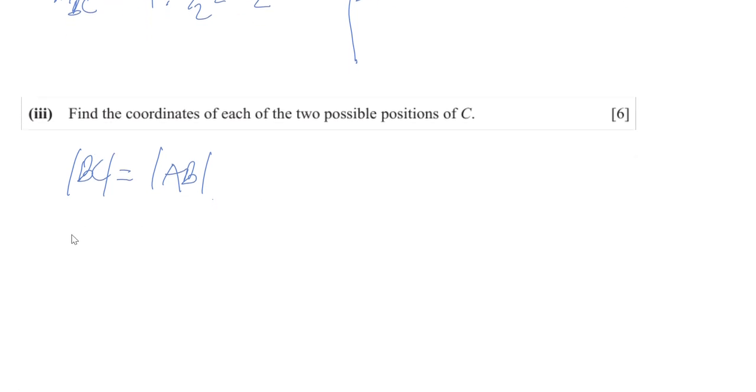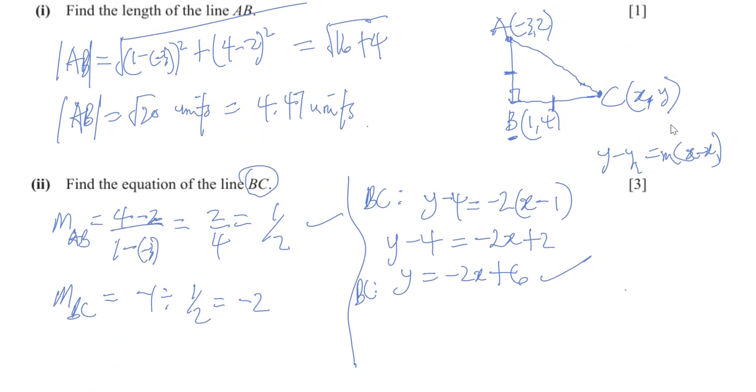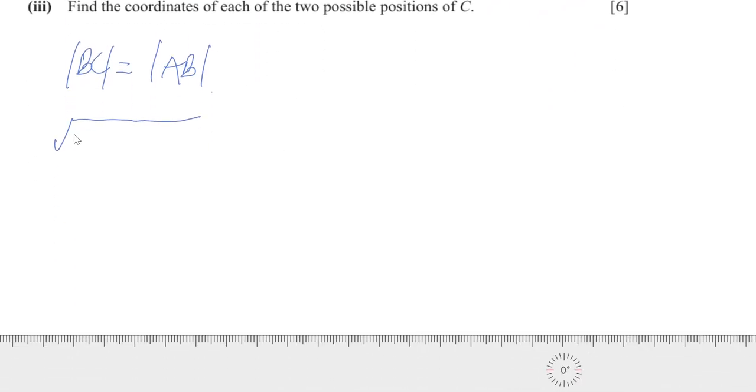Now, length of BC, where x2 is the coordinate x of the point C, is root of x minus x1, so x minus 1 squared, plus y2 minus y1 squared.